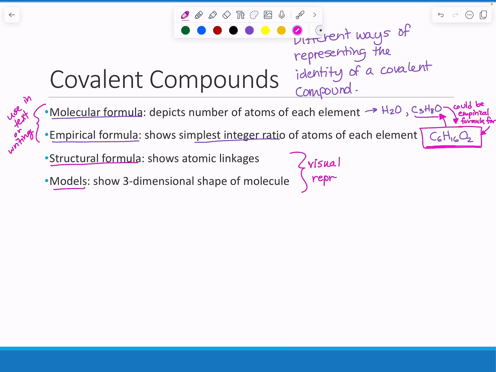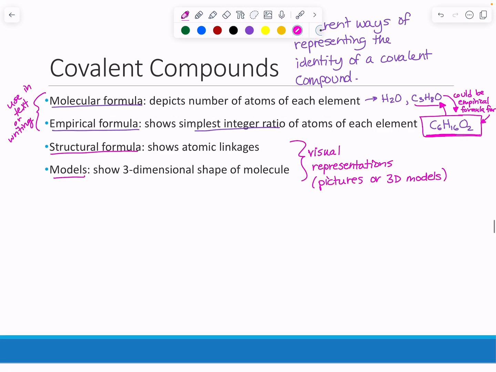They're going to be pictures or 3D models. And you used some of those three-dimensional models on the computer in lab last week, or in the previous week's lab.